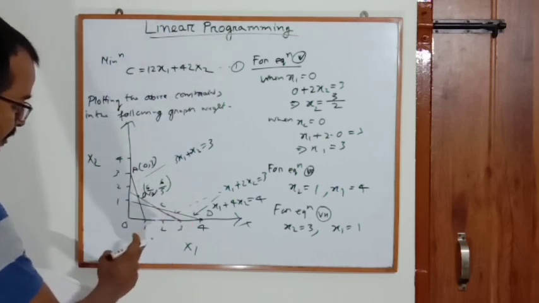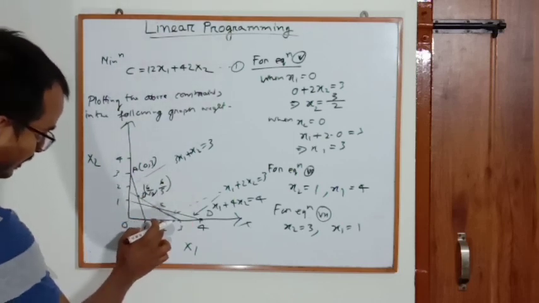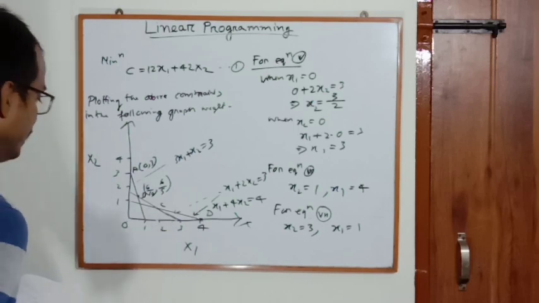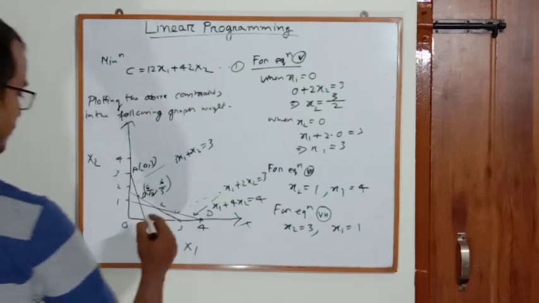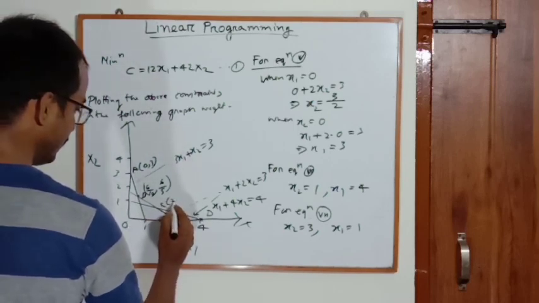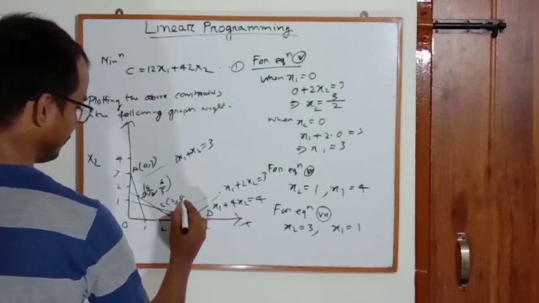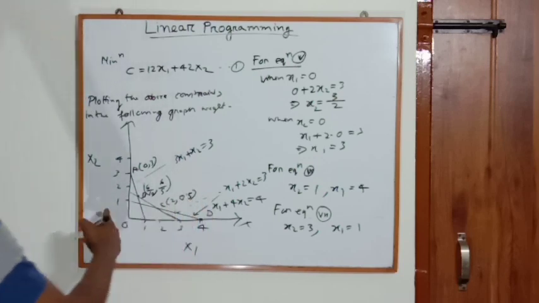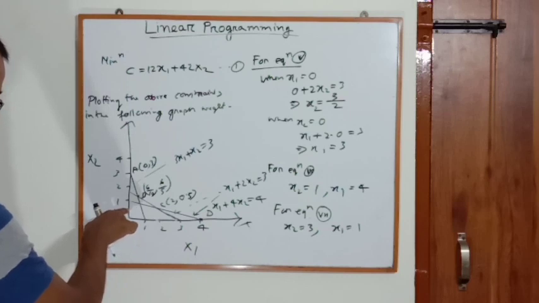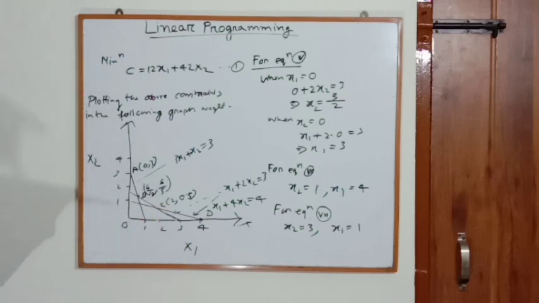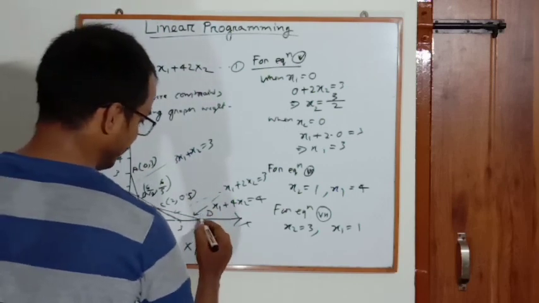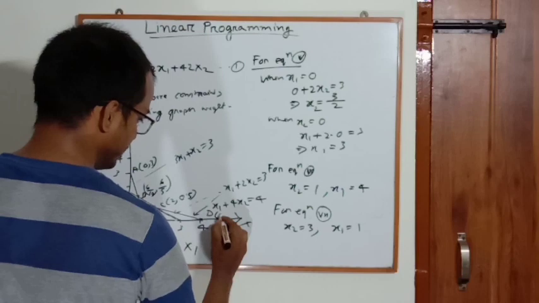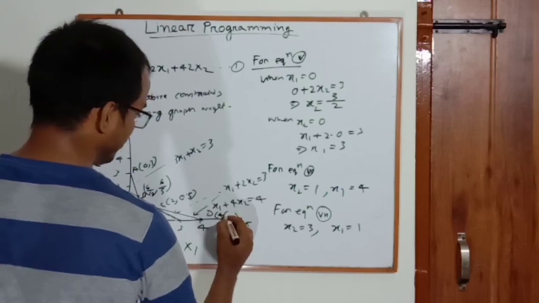My scaling is not good, that's why the values may differ. C is 2 and 0.5. And the last one is very easy: D has x value 4 and y value 0.